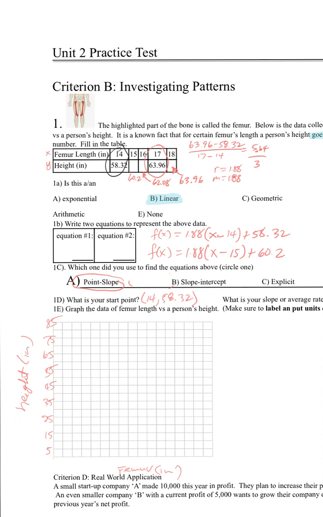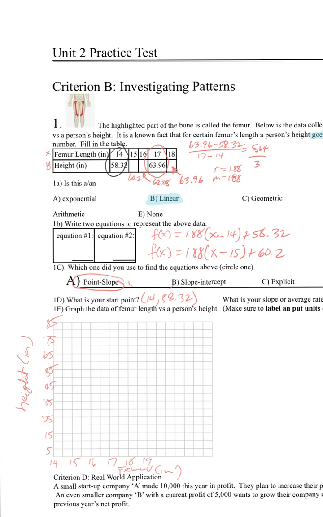So I shifted everything to the left, and I'm going to start 14 here. Then 15, 16, 17, and 18 here. You can go to 19 even.